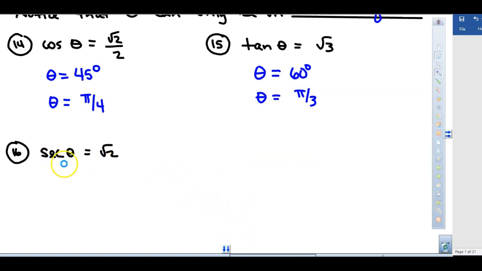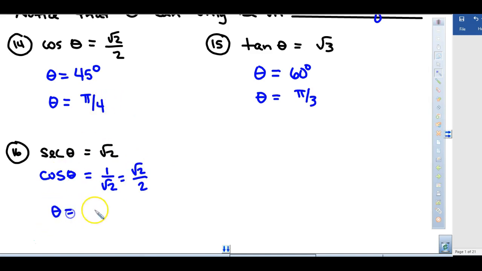Okay. Now, for secant, what I like to do is I like to change that to cosine. So if I change secant to cosine, because I think better in terms of sine, cosine, and tangent, then if I flip that, I am actually looking for an angle whose x-coordinate is square root of 2 over 2, and that's actually the same one as this one, isn't it?